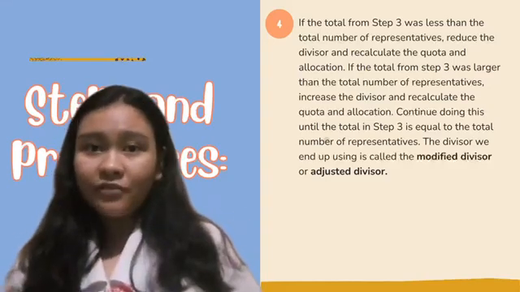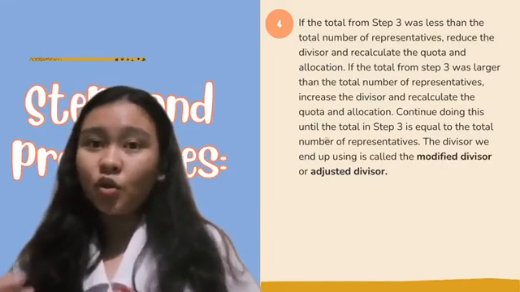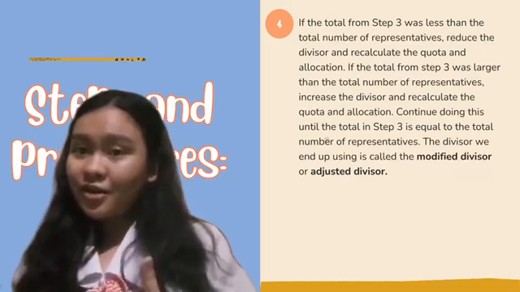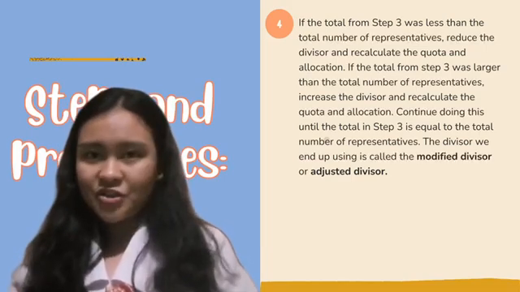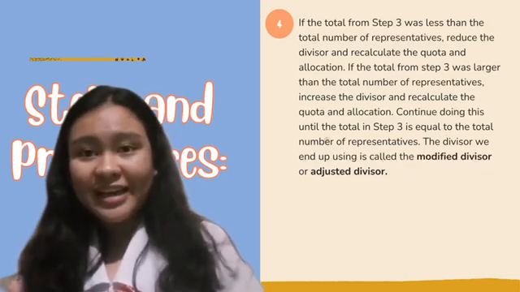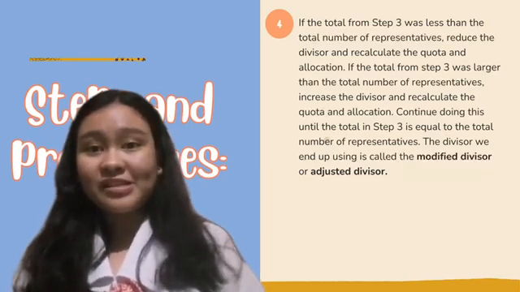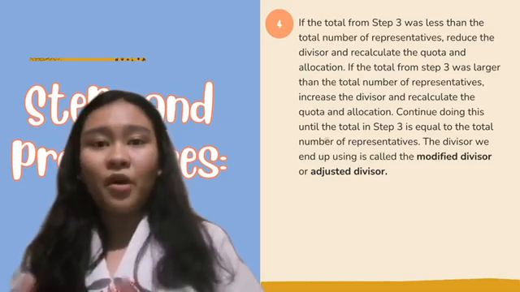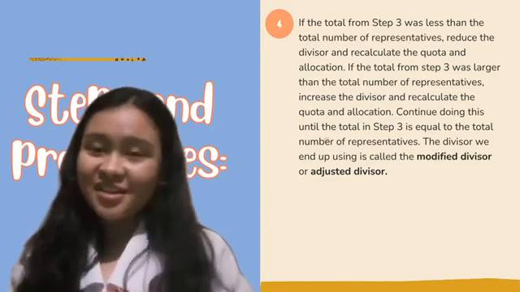If the total from step 3 is larger than the total number of representatives, we increase the divisor and again recalculate the quota and its allocation. We continue doing this until the total in step 3 is equal to the number of representatives. The divisor that we end up using is called the modified divisor or adjusted divisor.